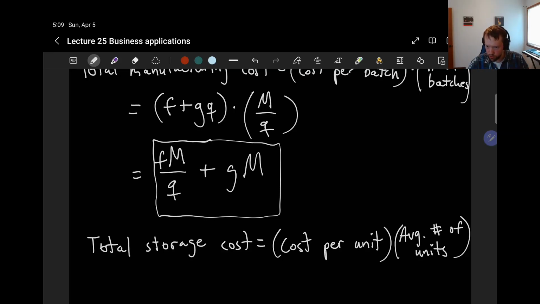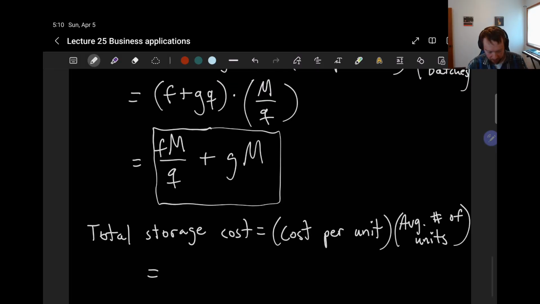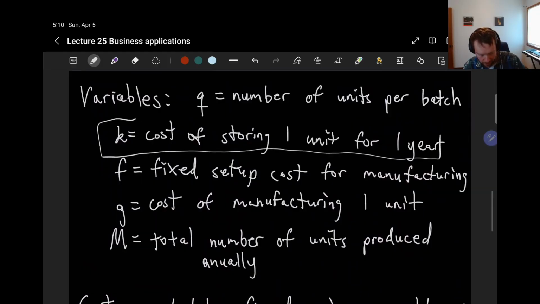And we won't go too deep into this. The book covers it in a little more detail than what I'm going to do here. But the cost per unit, that was one of the letters we had specifically. This one, the one we haven't used yet.